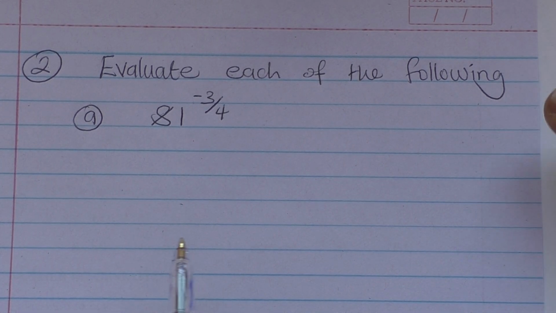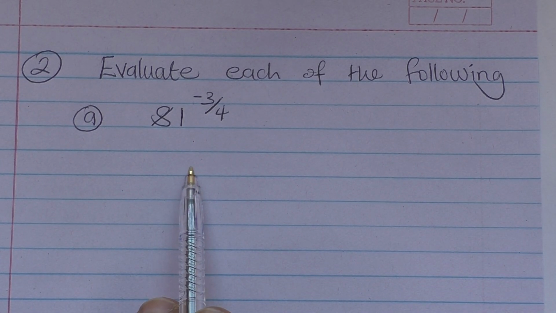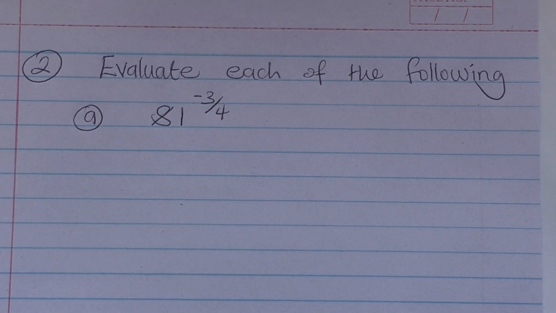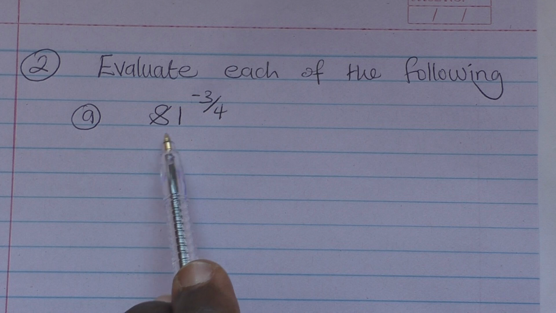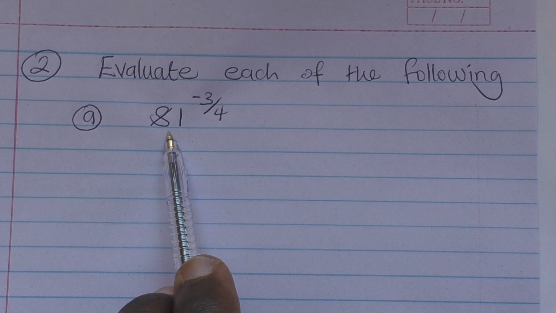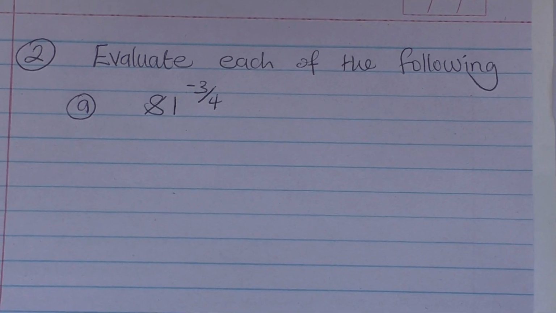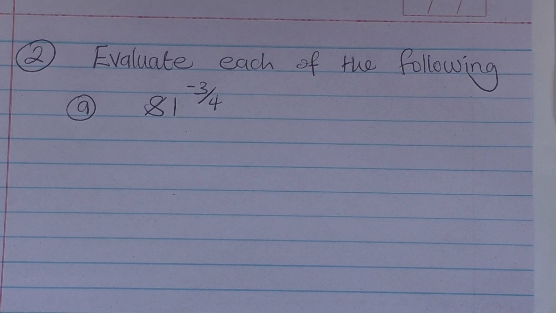So we are to evaluate 81 power negative 3 over 4. The first step will be to decompose 81. That is to say, we shall use the idea of prime factorization.